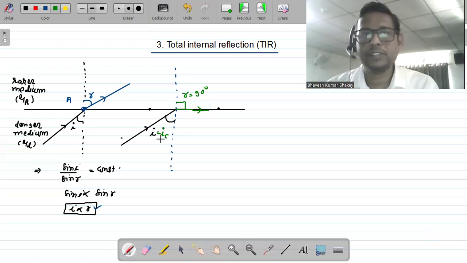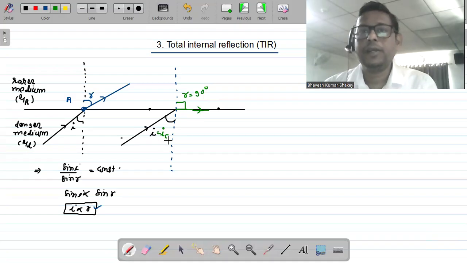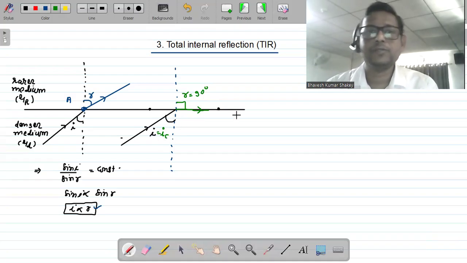So now you understand what the critical angle is. Critical angle is an angle of incidence at which the angle of refraction becomes 90 degrees. You can see here, this angle is called the critical angle.